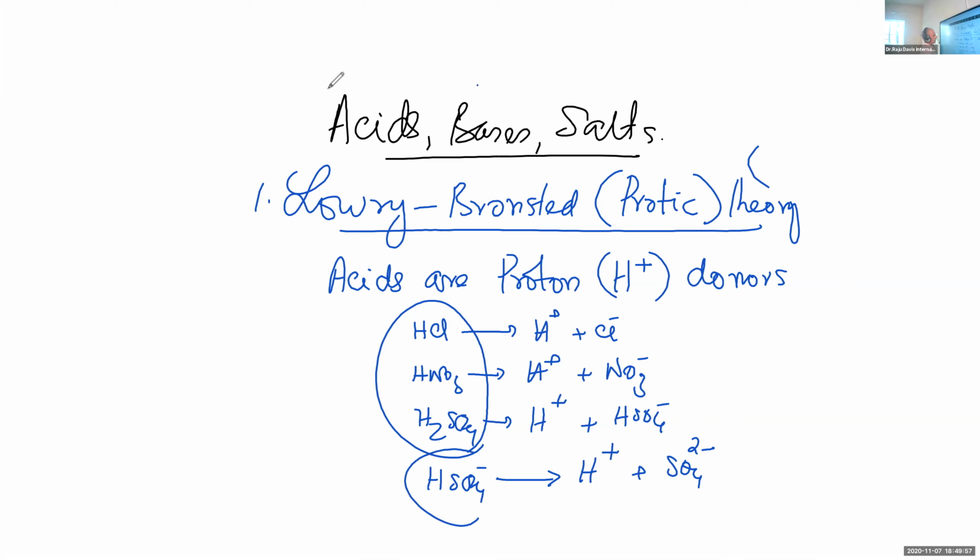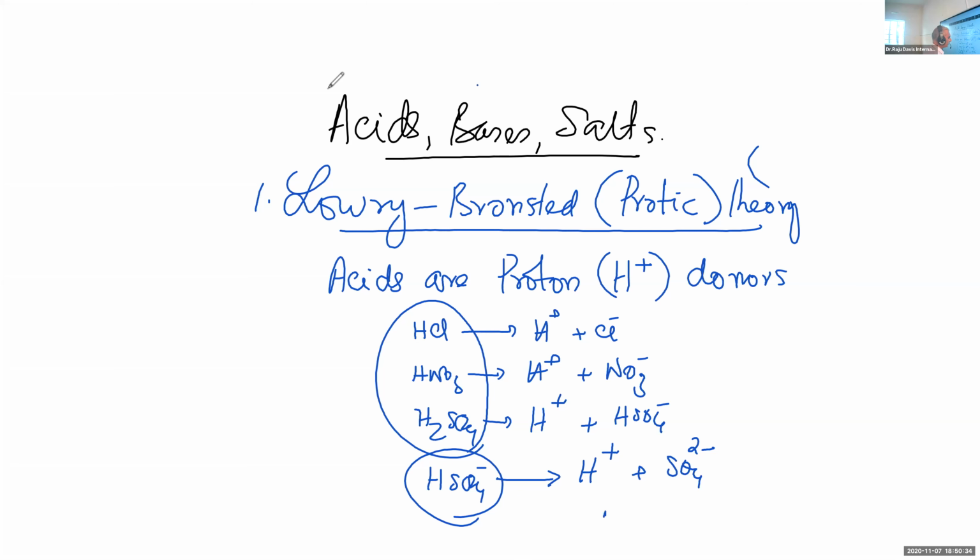So by definition, HSO4 minus ion is also an acid. Can you follow this? An acid need not always be a neutral molecule like HCl, HNO3, H2SO4, H3PO4, H2C2O4. There can be ions also. According to Bronsted theory, HSO4 minus ion is an acid.